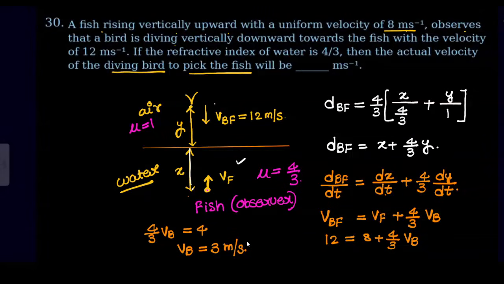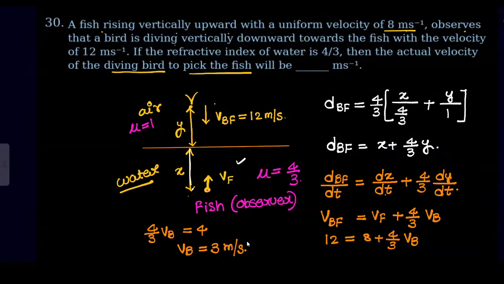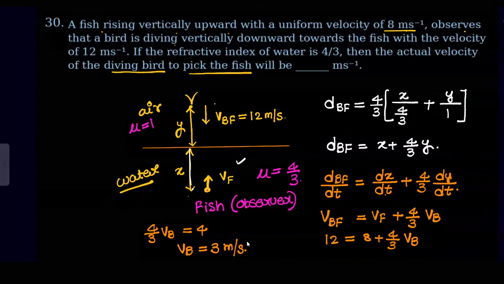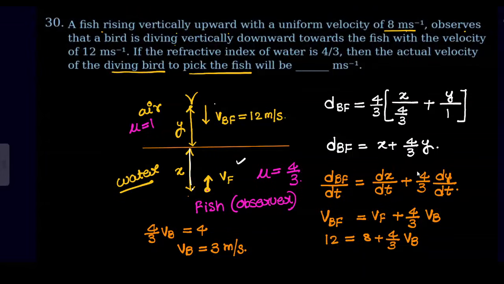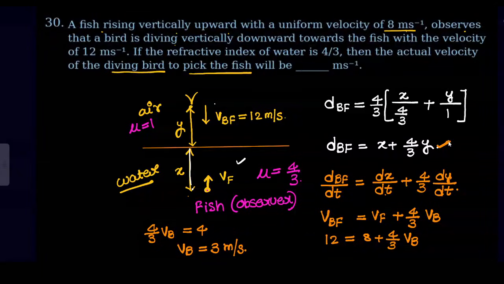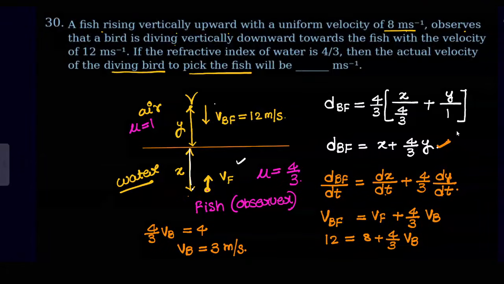Understood? Any doubt in this? Sir, in the orange one, that first step you wrote, like dbf by dt, why did you write it like that? We differentiated. This equation is the element of distance, and we need the element of velocity, so for that we have differentiated.